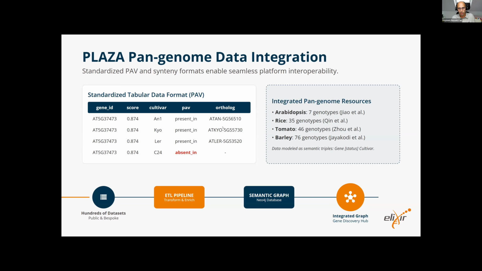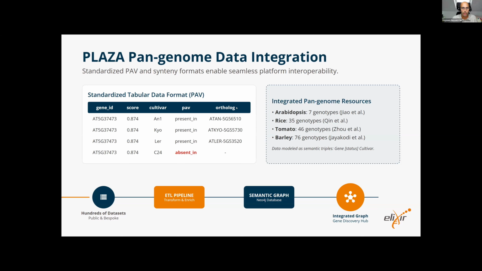This data was prepared by the PLAZA team for Arabidopsis, rice, tomato, and barley. And we decided to model it as a simple triple in the knowledge graph, being gene, and then the status. So is it a present or an absent relationship in a specific genome or cultivar?